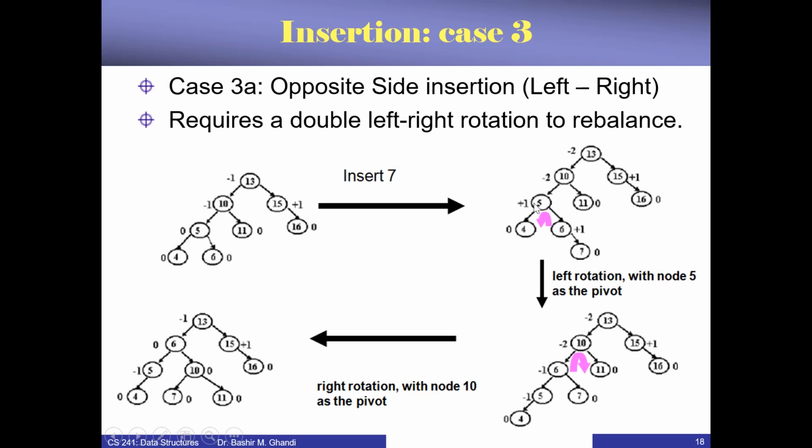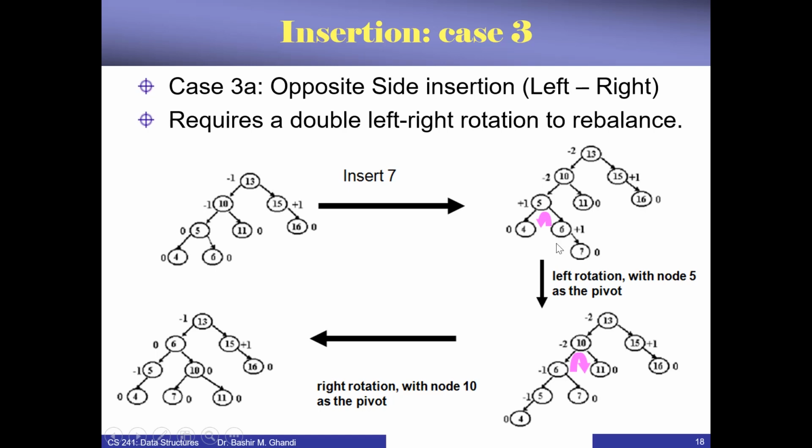Notice that 5 is not unbalanced, it's balanced. Its factor is +1. But in the process of resolving the problem of 10, the first rotation is done on its left child, 5. So we rotate 5 to the left, meaning 6 will move up to replace the 5. 5 will go down to become the left child of 6, as you can see here.